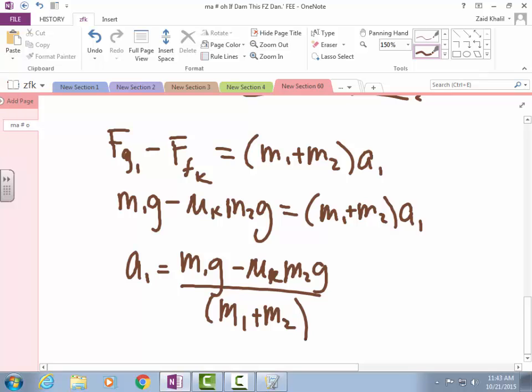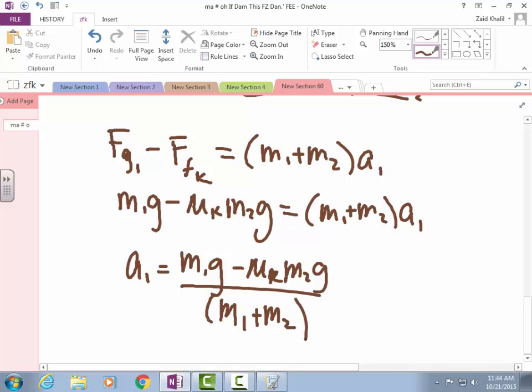Now, this does tell you a little something. What's the maximum value that mu K can have? It's not obvious. Well, assume that M1 equals M2. If M1 equaled M2, what's the maximum value mu could have? 1.